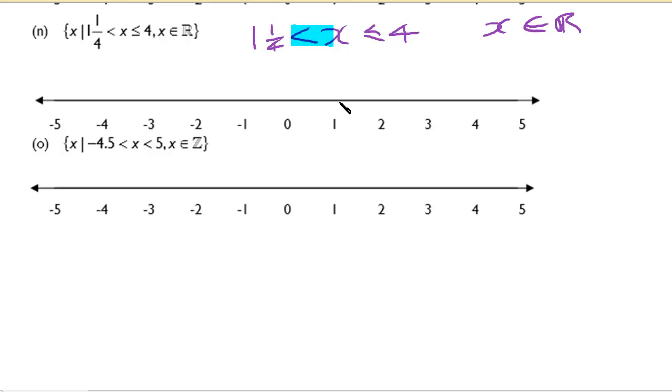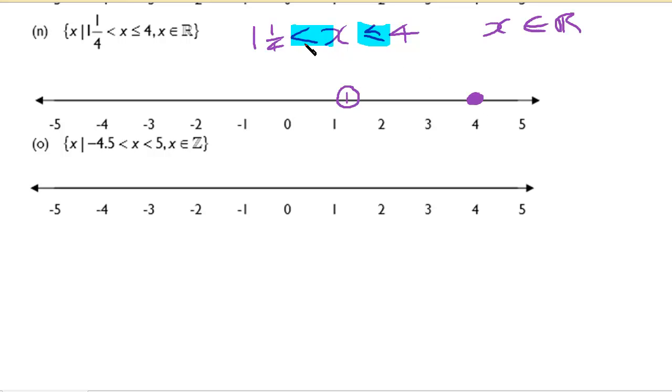So 1 1/4, which is about here, we're going to draw an empty circle, and then we know that it's going to be here, this symbol. We're very keen that this is equal to the value 4, so therefore we draw a filled in circle. So we colour in the circle and fill it in at 4.